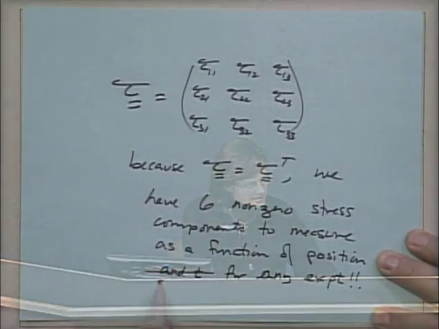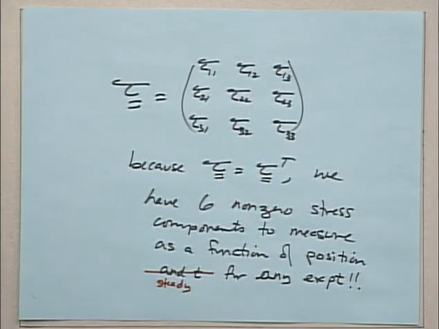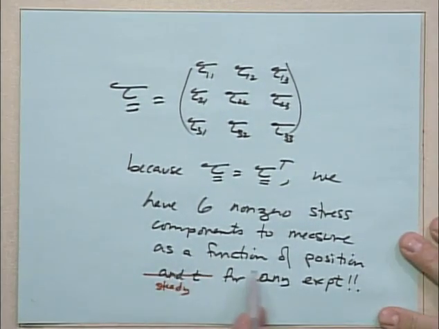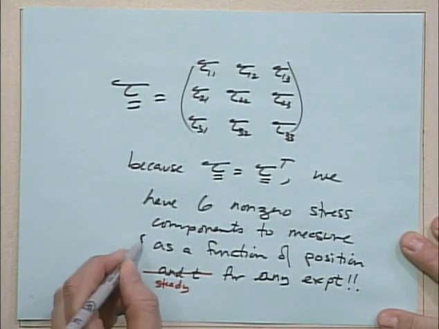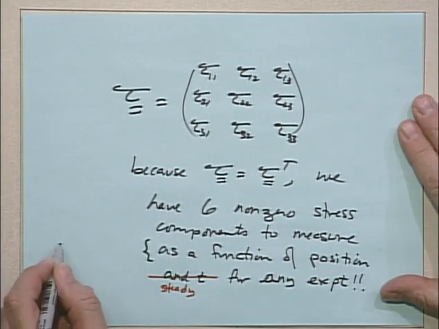We can make it steady flow, and then we won't have to do it as a function of time. As a function of position is tricky. To make this simple, we can use a homogeneous flow.